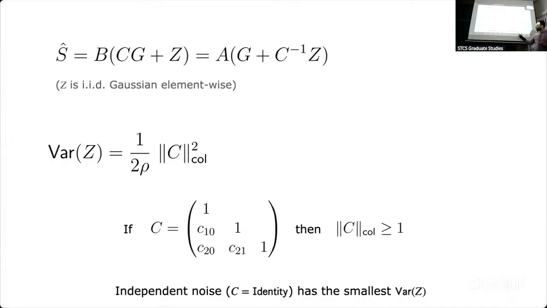So independent noise has the smallest variance of the IID noise of this Z. So essentially, the variance of the noise I add in one iteration is larger, but the noise cancels out across time, right? Across model dimensions it is all independent. So for all practical purposes, we can think of it as one dimension and the same thing is replicated, but the cancellations happen across time.